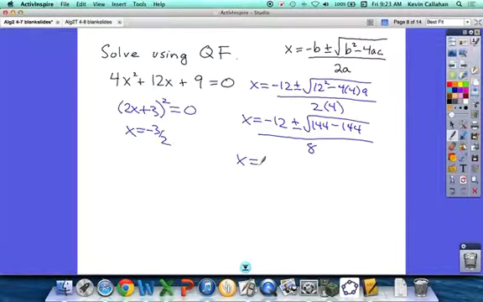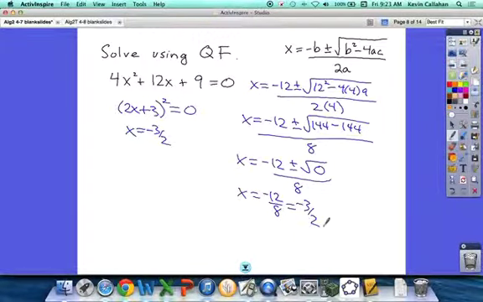So x equals negative 12 plus or minus the square root of 0 over 8. Well, what's the square root of 0? It's 0, right? Which means when you add or subtract the square root of 0, you get the same number, right? The answer is going to be negative 12 over 8, which is negative 3 halves, which is what I already got by factoring.